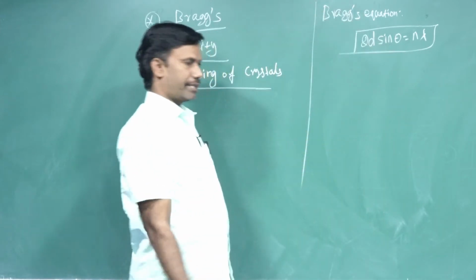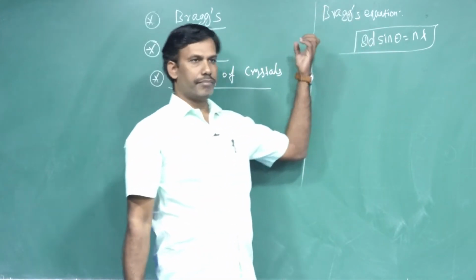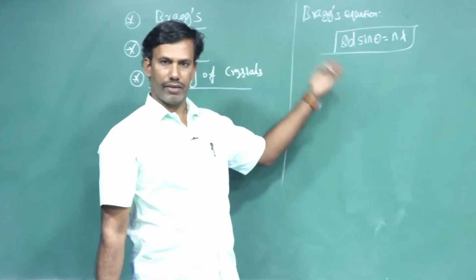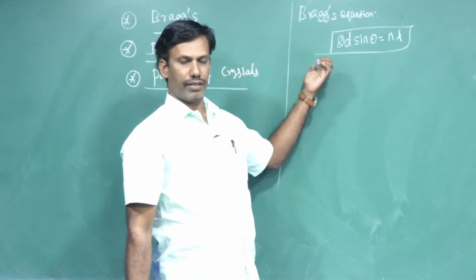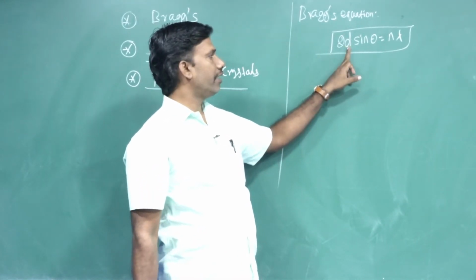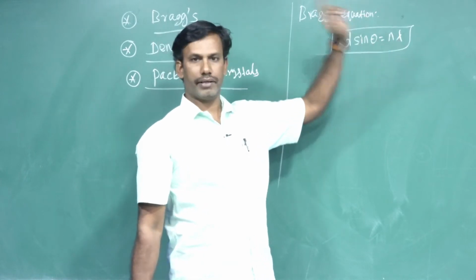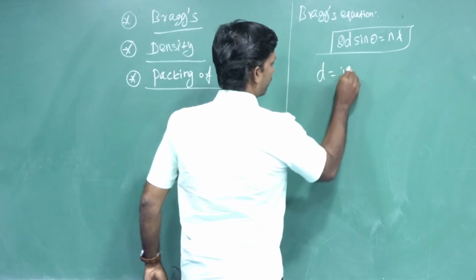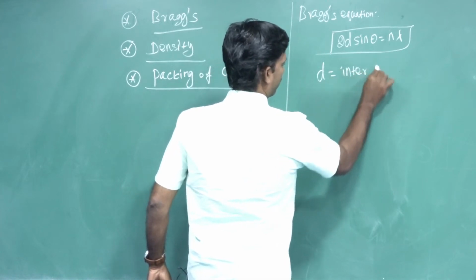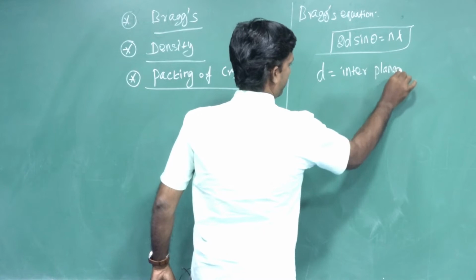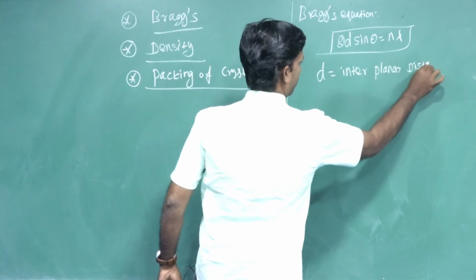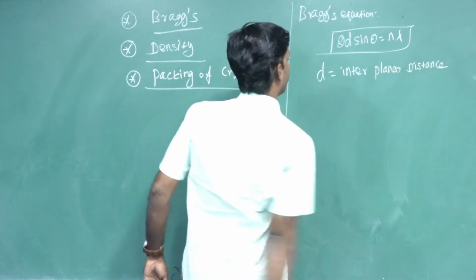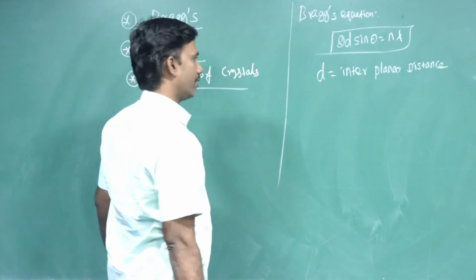Let me explain what Bragg's equation is. Bragg's equation gives us the relationship between d, theta, n and lambda. What is d? d is the interplanar distance in a crystal.